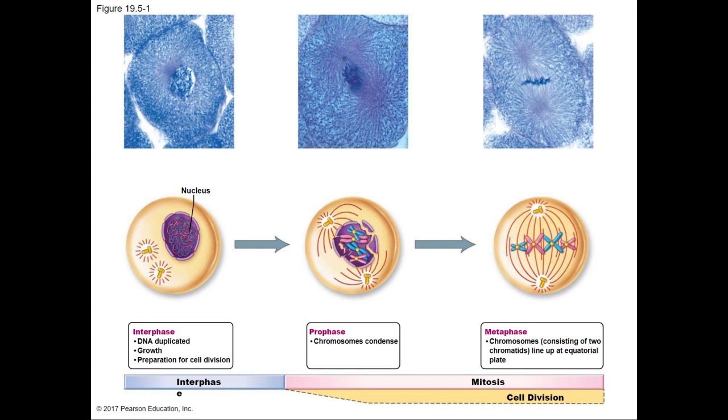This is metaphase. You can remember kind of middle phase. All of our duplicated chromosomes are lined up, and there are spindle fibers attached to them at the centromere. And if you look at the fish embryo, you see the dark blue representing the chromosomes and kind of the star-like fibers representing our spindle fibers.